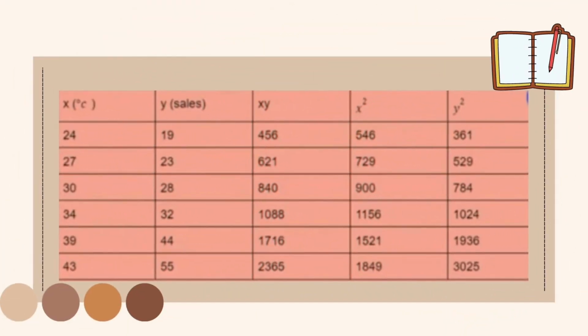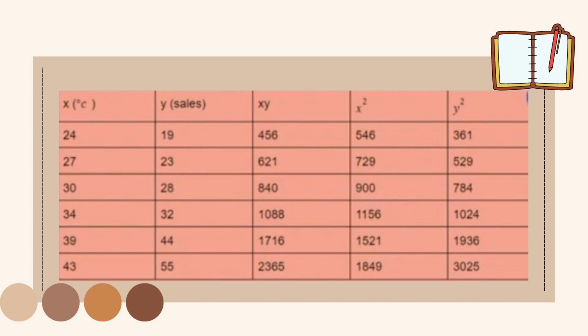So, 19 times 19 is equal to 361. 23 times 23 is equal to 529. 28 times 28 is equal to 784. 32 times 32 is equal to 1,024. 44 times 44 is equal to 1,936. And 55 times 55 is equal to 3,025.